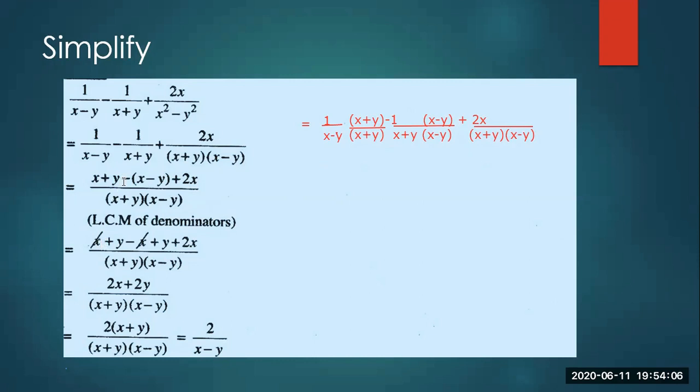Now multiplying this negative sign with the bracket: minus into minus becomes positive. So it becomes x plus y minus x plus y plus 2x divided by x plus y into x minus y.